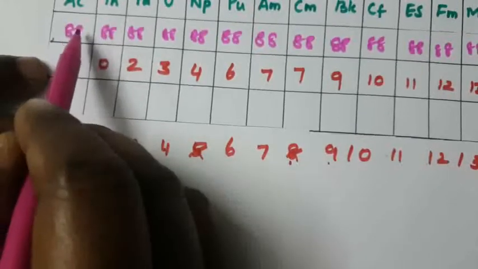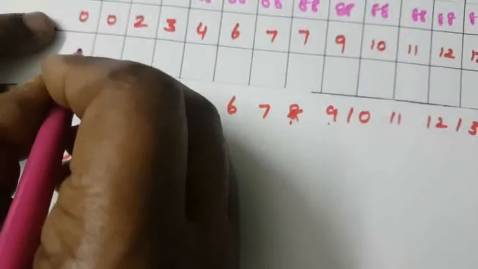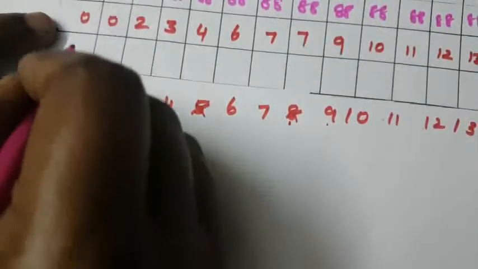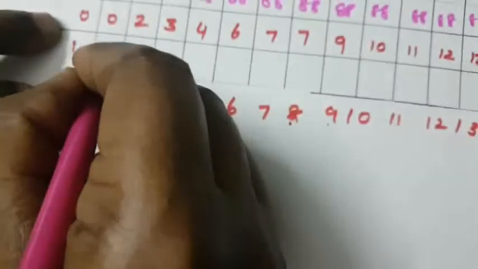Okay, so this is 88. So what are the elements in the d orbital? That is the d orbital. First one is 88, that is 1. 88 plus, 90 minus 88, that is 2.